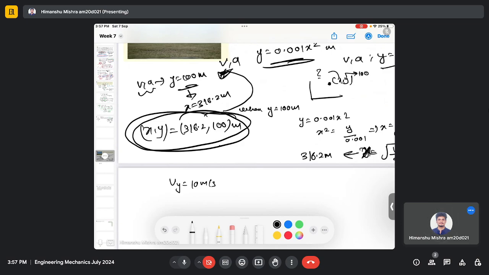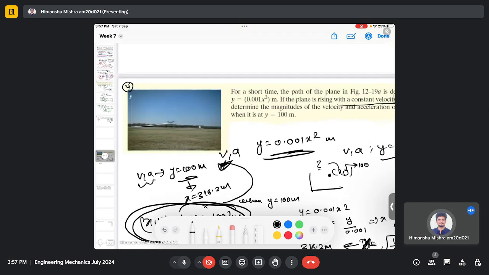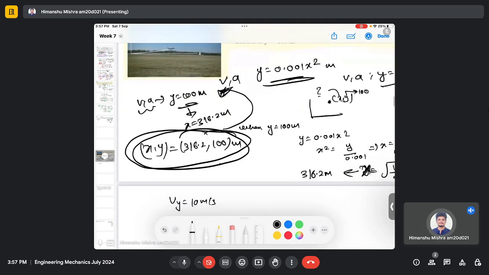Here the problem is a two-dimensional problem, because you might have figured out the point is given in terms of x and y, not alone x and not alone y. It is given in terms of x and y, which means that the problem is two-dimensional, and the vertical velocity we have been given is 10 meter per second. And we need to find the velocity.